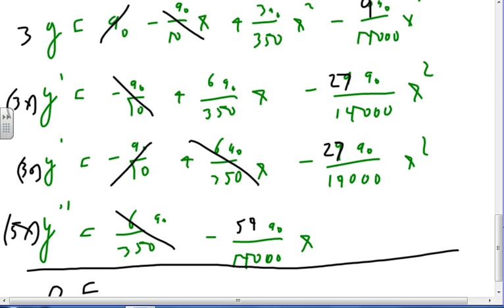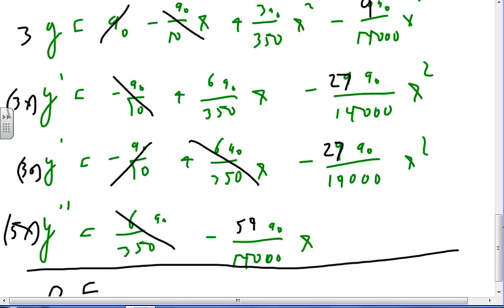I'm going to do it one more time. 9 divided by 350 plus 18 divided by 350 minus 30 times 27 divided by 14 with 3 zeros, minus 5 times 54 divided by 14 with 3 zeros.